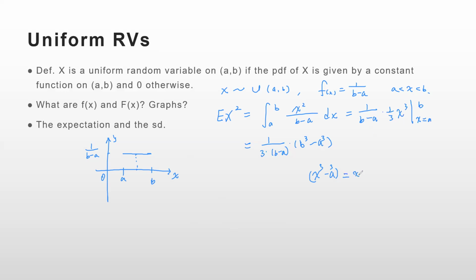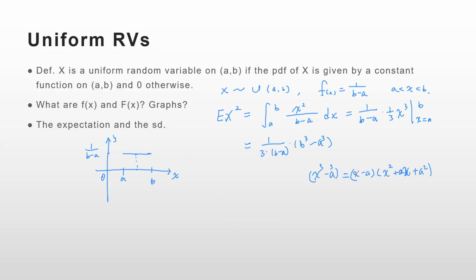That means you can factor out this term as something else. This something else is pretty easy to get. You can do long division or synthetic division. It will be x squared plus ax plus a squared.